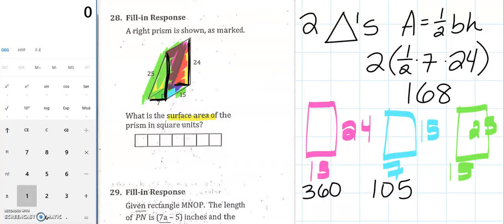So in my calculator, 15 times 25 equals 375. Add all of those together. So 375 plus 105 plus the 360 plus the 168 for both triangles, and I get 1008 as my final answer. 1008 units squared. Okay, let's continue on to the next video.